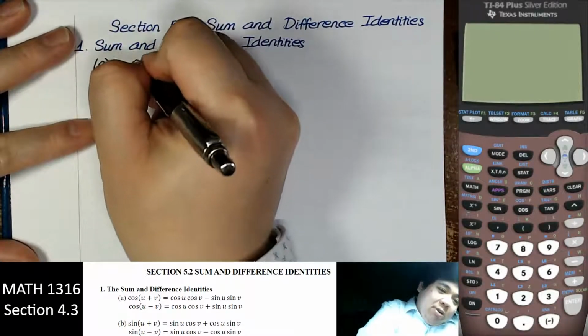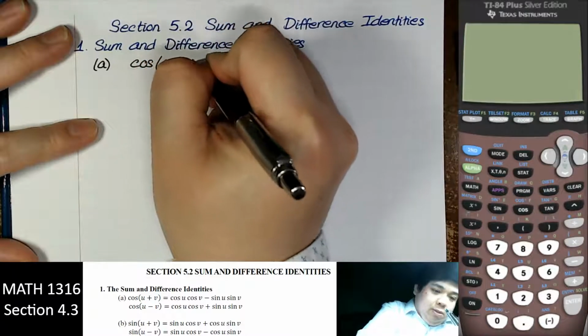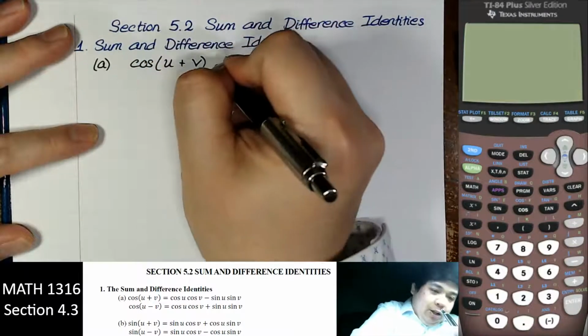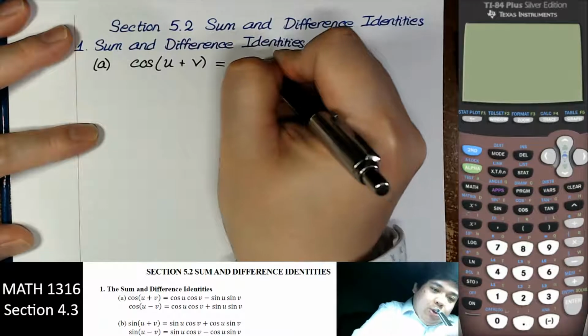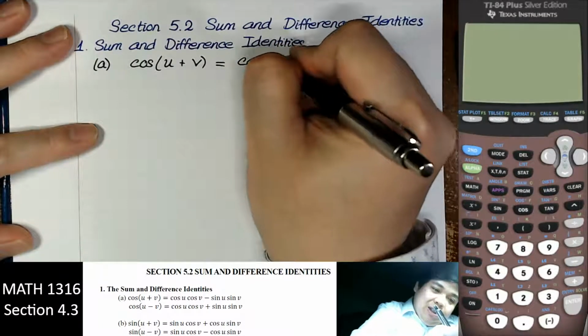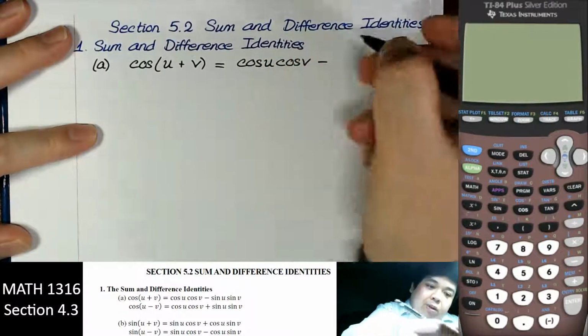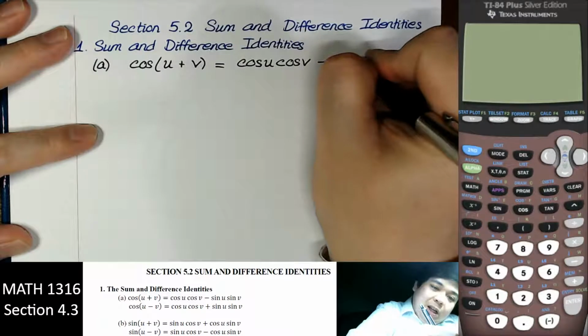So cosine of a sum is going to be cosine minus sine and sine.